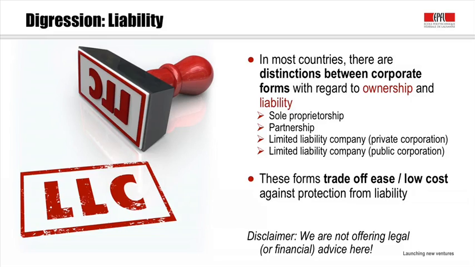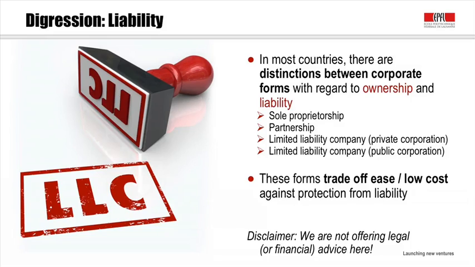What we're going to do is draw some distinctions. The first two on this list are the ones where your liability is technically unlimited, or at least only limited by your own personal assets. The sole proprietorship is when you are in business for yourself and your company is an extension of your own person.